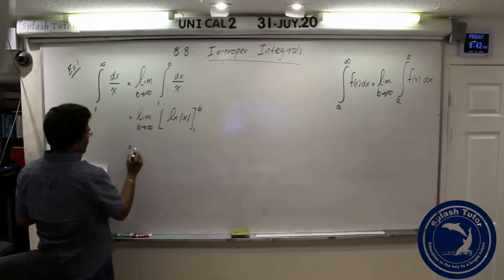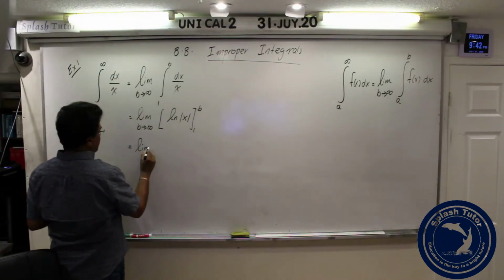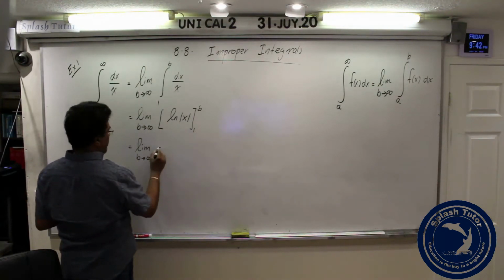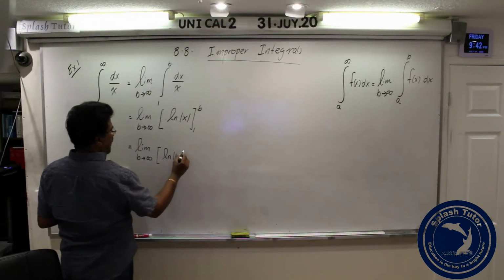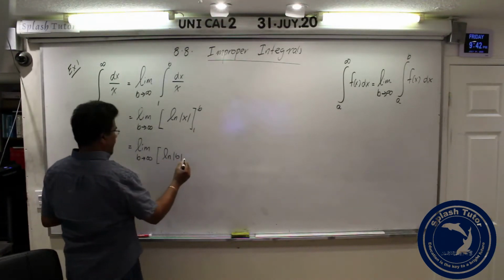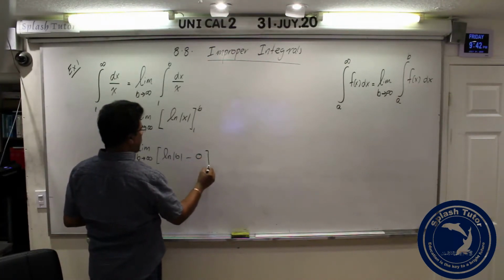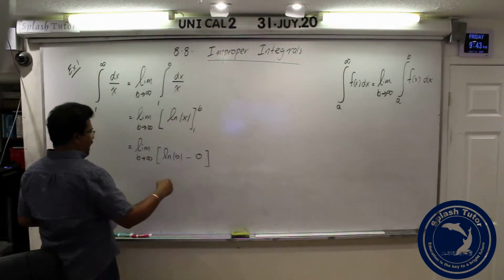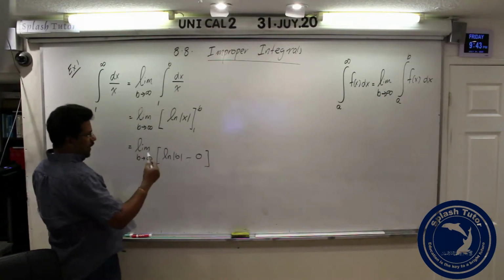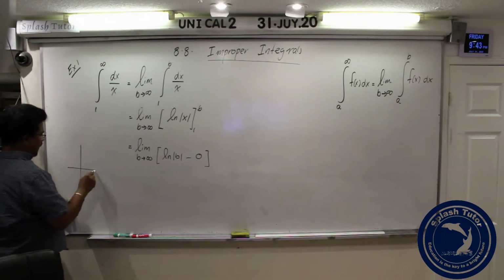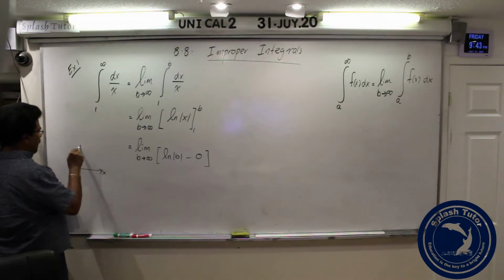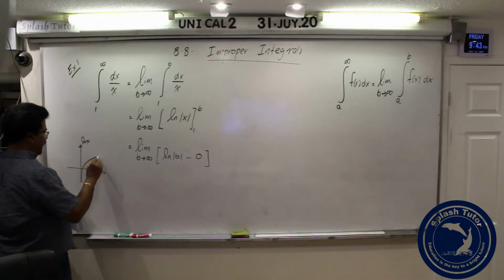Now when we do that, that is the limit as b goes to infinity of ln b minus ln 1, that is 0, right? Now if you draw the graph of ln x, the graph is like this, right?